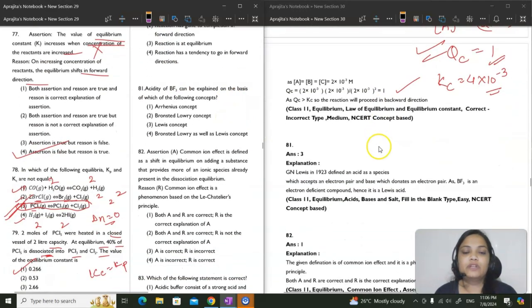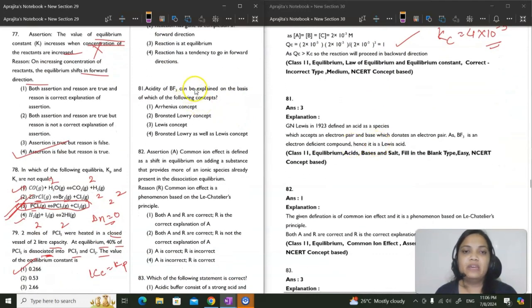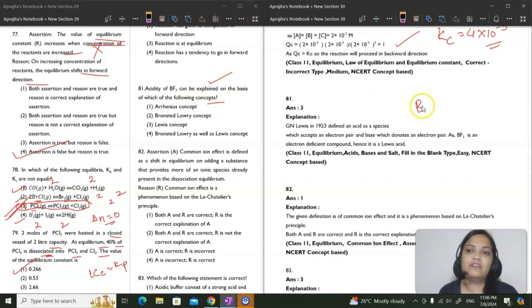Next. Question number 81. Acidity of BF3 can be explained on the basis of which of the following concept? So students, you know that in BF3 the boron has only 6 electrons around it. Okay. So it means it is an electron deficient compound.